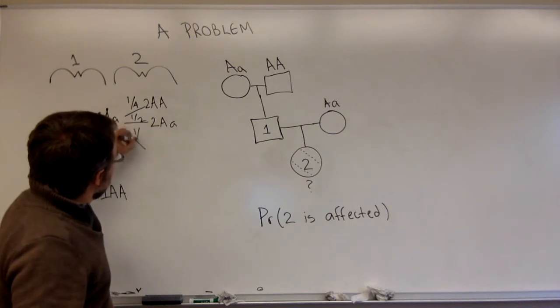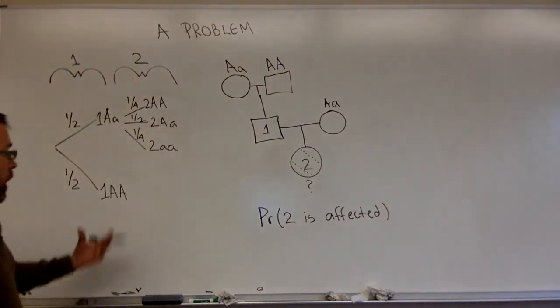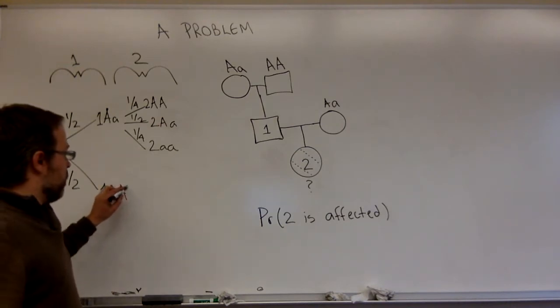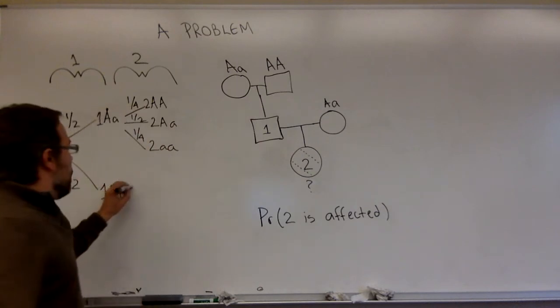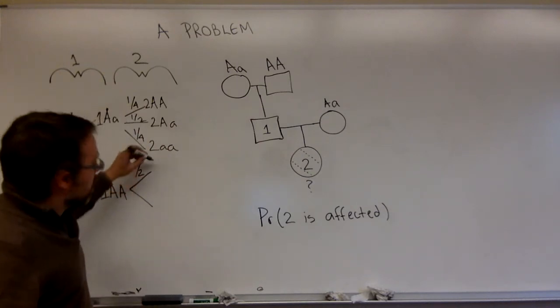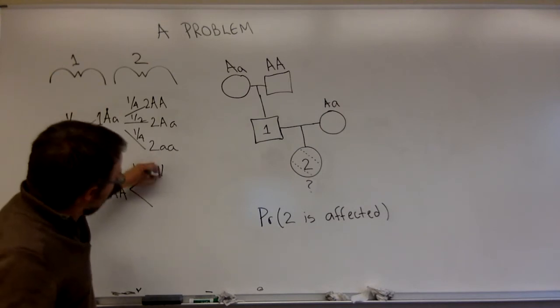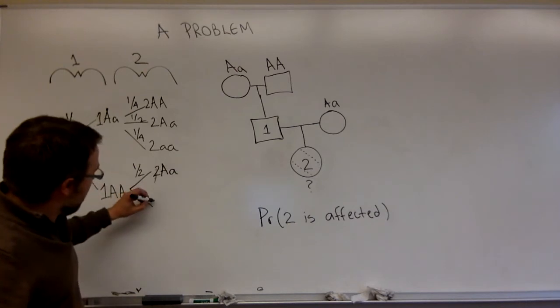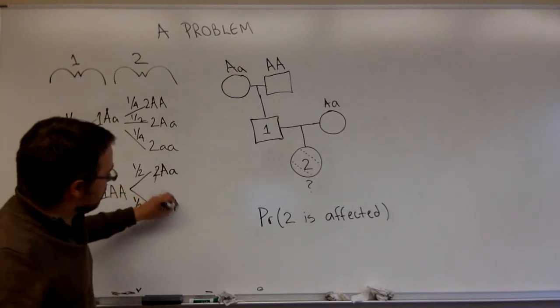And we have a 1/4 chance that 2 is little a little a. Okay, and down here, if 1 is big A big A, then now we have a 1/2 chance that 2 is big A little a, and a 1/2 chance that 2 is big A big A.